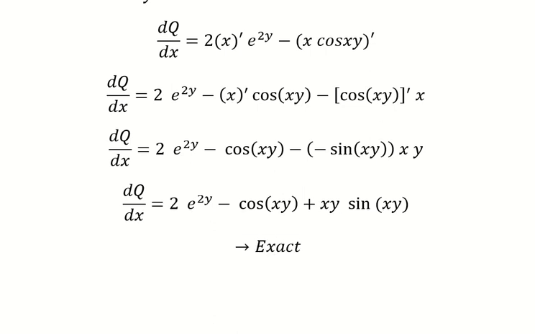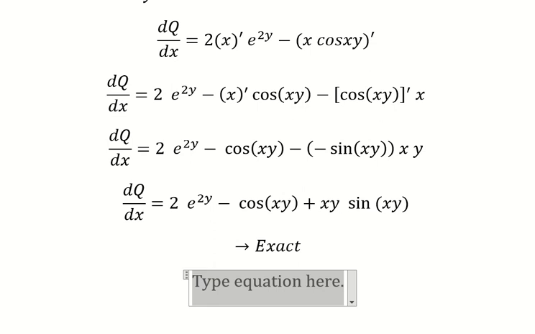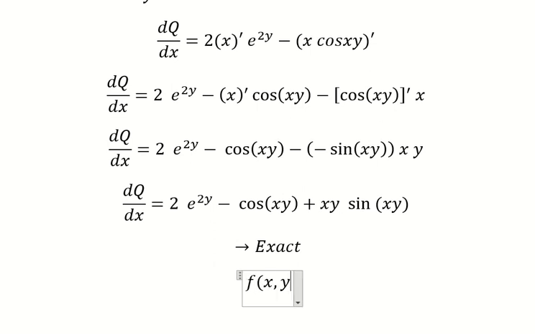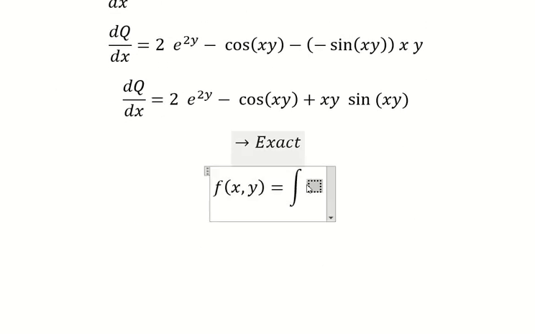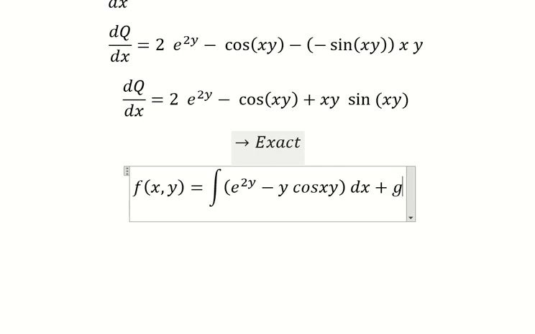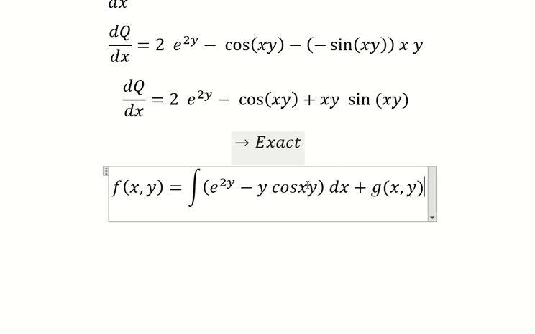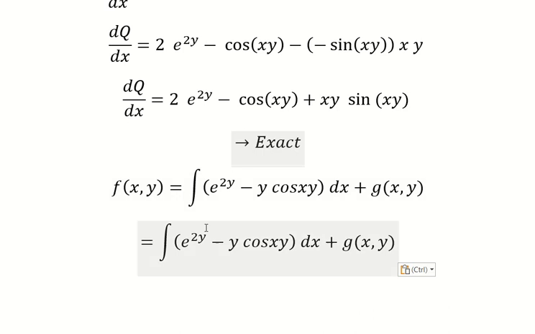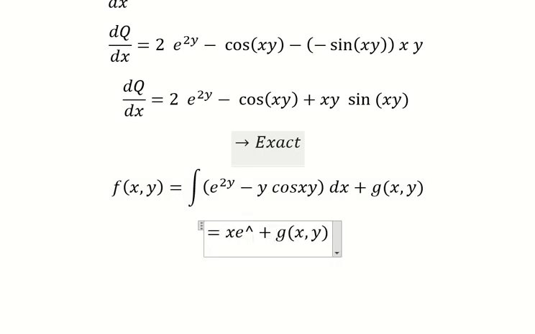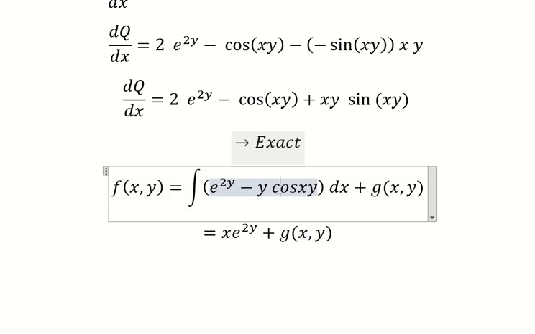Now, we need to set up the function f(x,y). That is about the integral. So I will select this one, and we have M(x,y). So the integration of this one, we have x. This one, we have cosine xy.